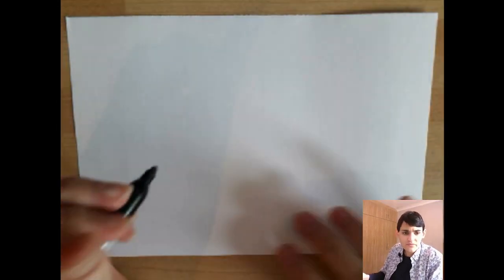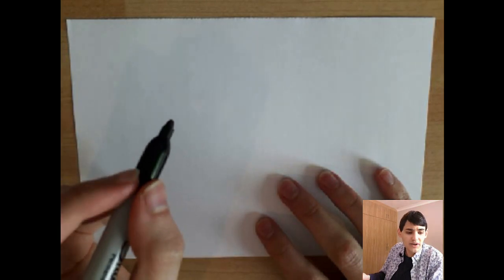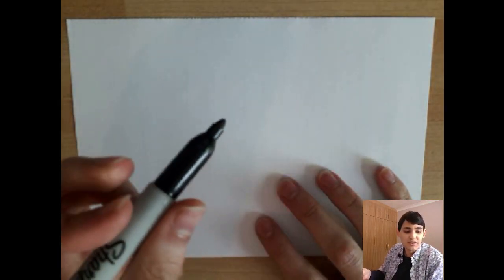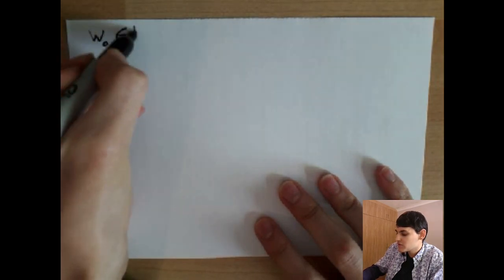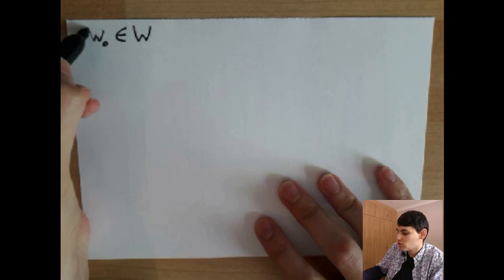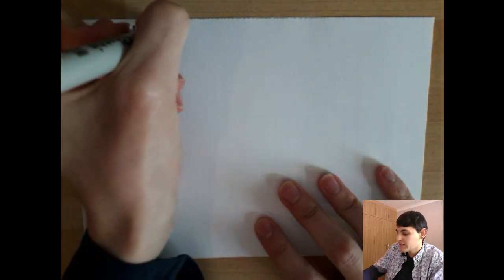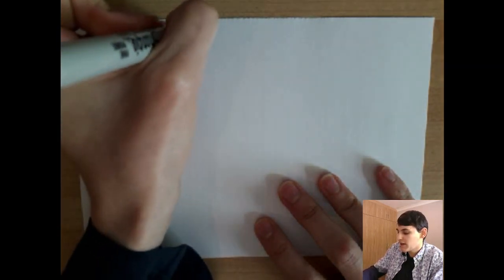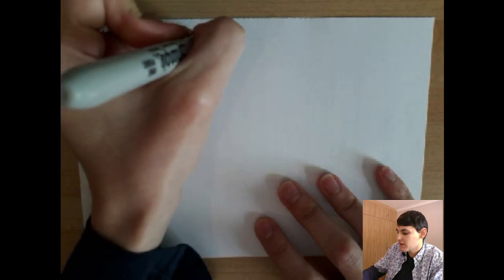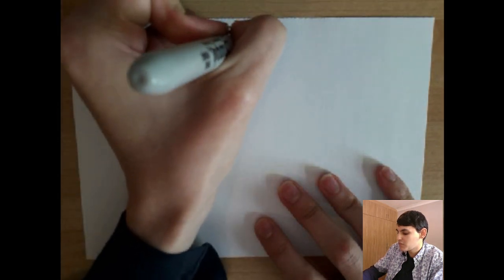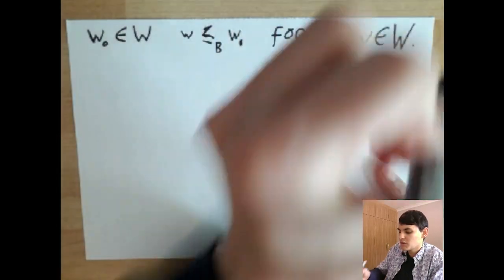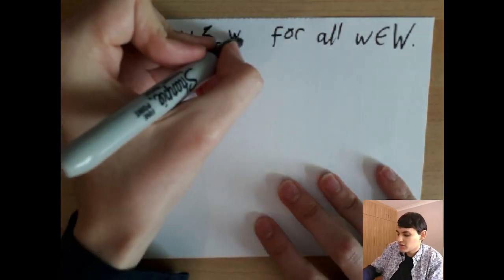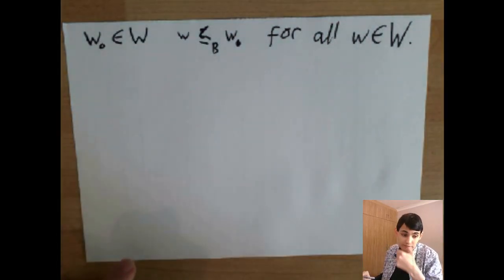It turns out that if you have a finite Coxeter group, then you will have some maximal element, W0 I will call it, where w is less than or equal in the Bruhat sense to W0 for all w in W. That's what a maximal element is.